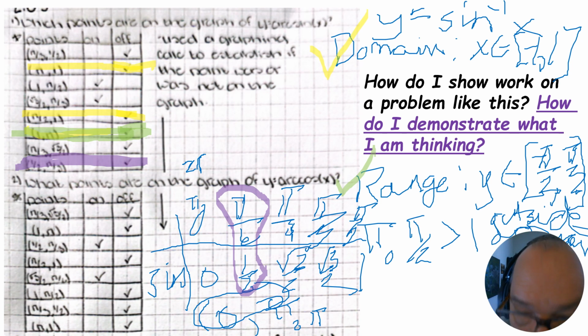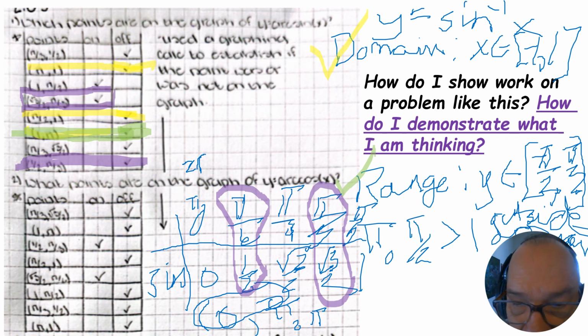And then I go, did any of them start off with square root of 2 over 2? No. Did any of them start off with square root of 3 over 2? The answer is yes. Square root of 3 over 2, pi over 3. That is a correct ordered pair, so this one is correct.